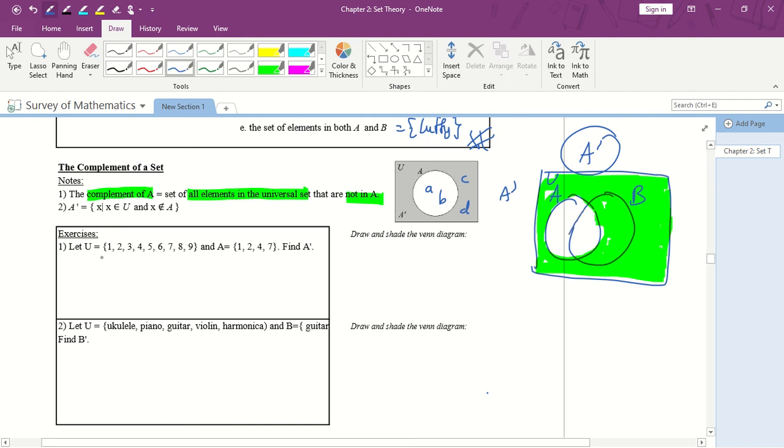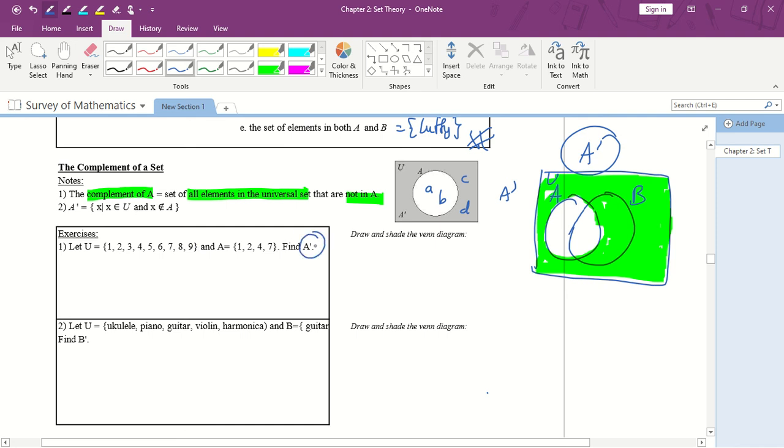So let's look at the questions here. Let U, the universal set, equal 1, 2, 3, 4, 5, 6, 7, 8, 9, and A is 1, 2, 4, 7. It asks for A prime.